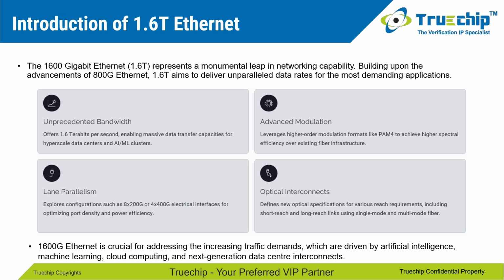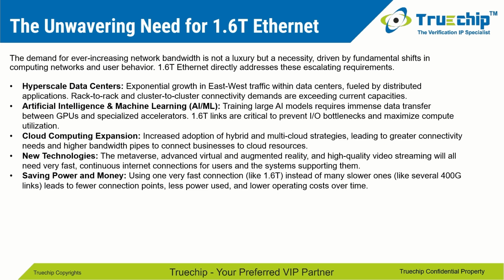next-generation data center interconnects. Next, let's discuss why 1.6T Ethernet is useful. The demand for ever-increasing network bandwidth is not a luxury but a necessity. Driven by fundamental shifts in computer networking and user behavior, 1.6T Ethernet directly addresses these escalating requirements.